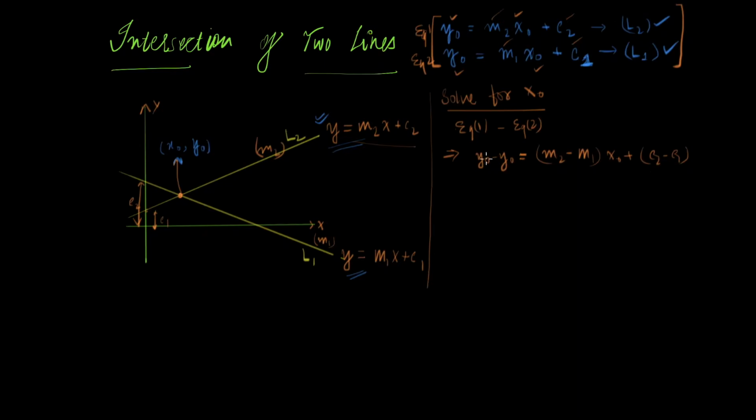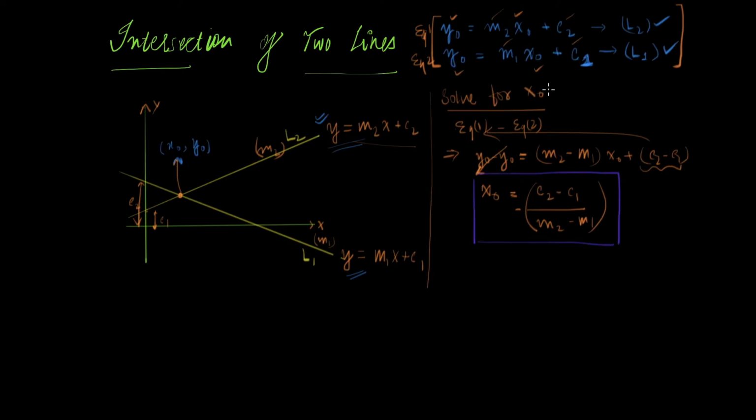So no matter what the value of y sub 0 is, the LHS is always 0. We can then simplify for x sub 0, shifting this term to the LHS, as x sub 0 equals minus c2 minus c1 by m2 minus m1. So this is the location of the x-coordinate of the point.